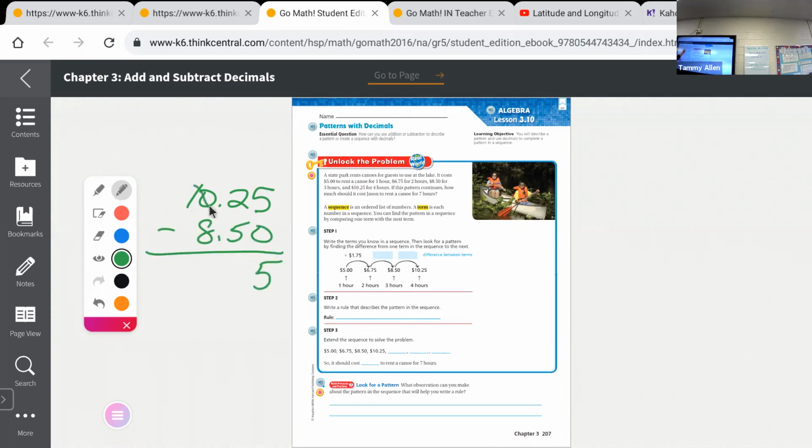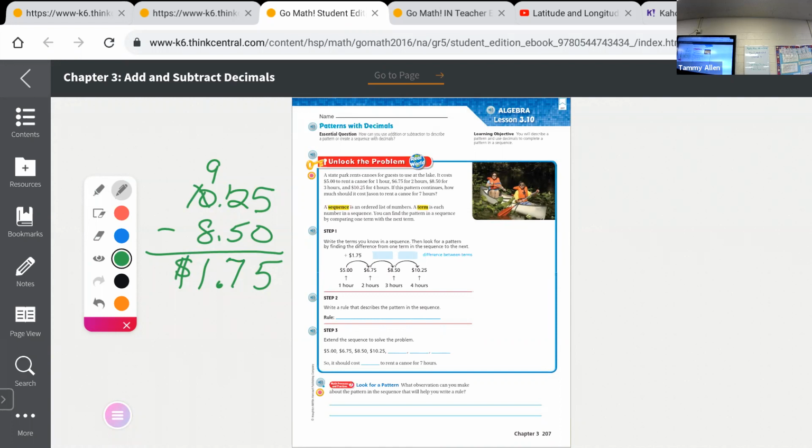We need to borrow. 12 minus 5 is 7. I've got some dead pencils out there. Bring those pencils to life, people. All right, come on, bring those pencils to life. And we get that $1.75 again. But you have to make sure that that is really happening in the sequence. Because it's not a true sequence unless that same piece is happening over and over again.